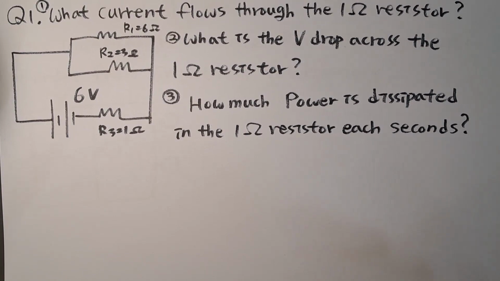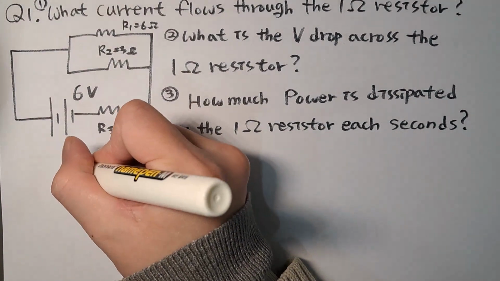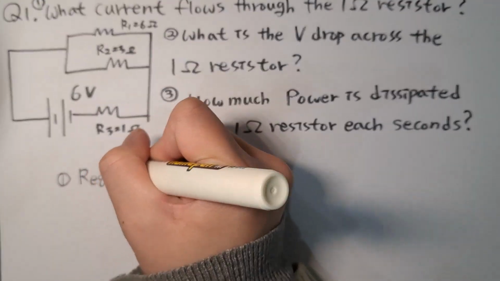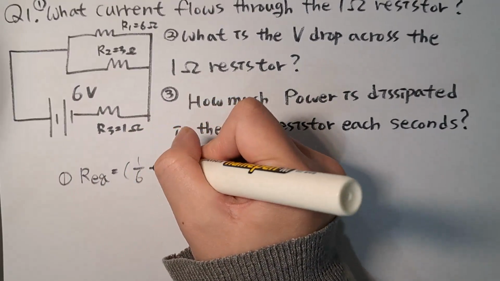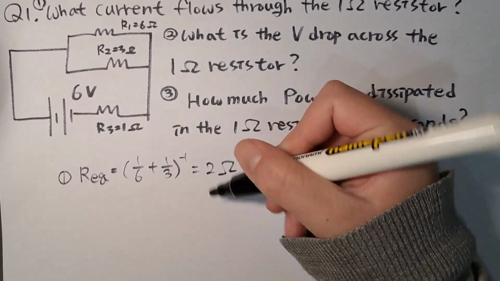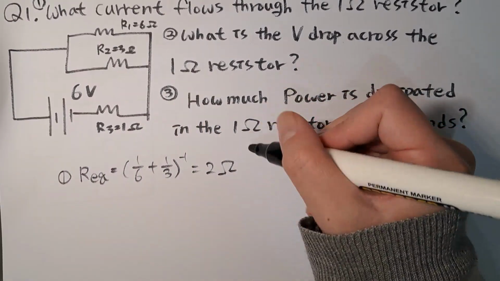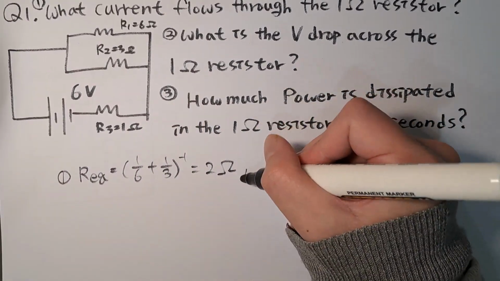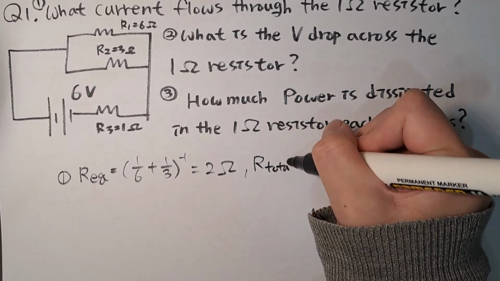So we are going to find the equivalent resistance firstly. And we are going to find the total resistance.